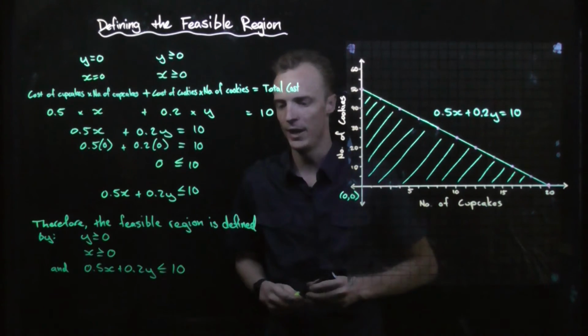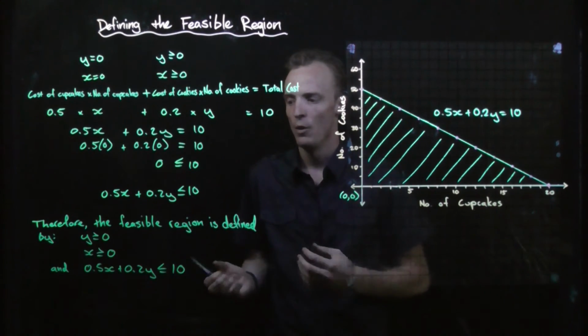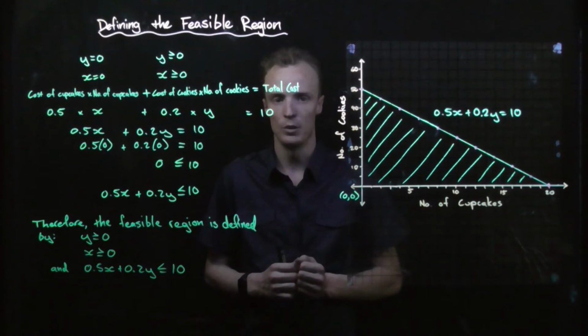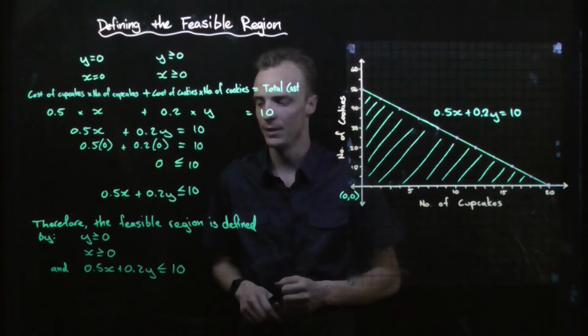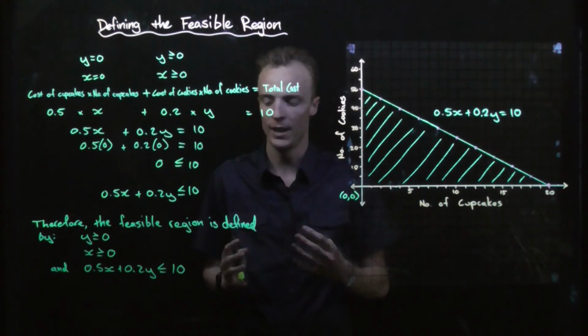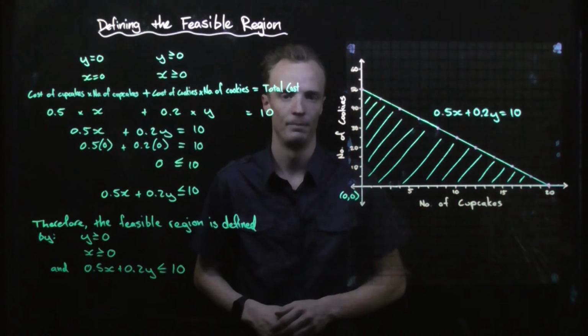Therefore, the feasible region is defined by y is equal to or greater than 0, x is equal to or greater than 0, and 0.5x plus 0.2y is equal to or less than 10.